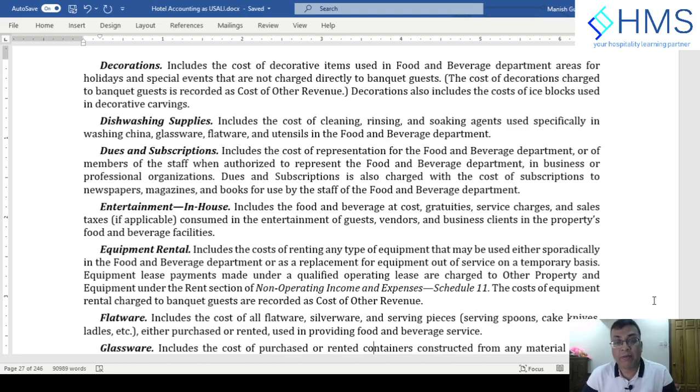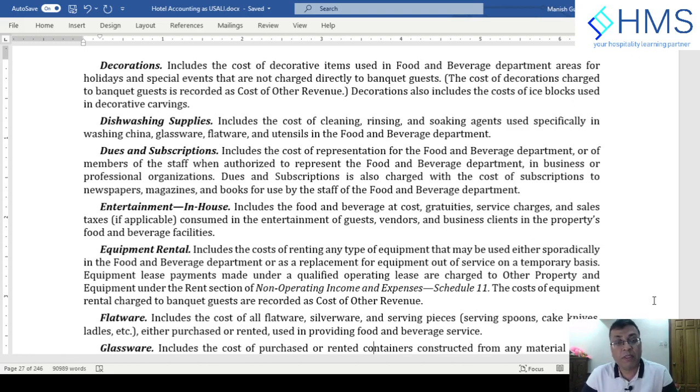Then you have entertainment in-house. The entertainment in-house will be the cost or gratuities or service charge of the items that are consumed by the guest in the entertainment of a guest, vendor or business client for the property's F&B facilities. So it may be promotion partners, the vendors related to the F&B department.